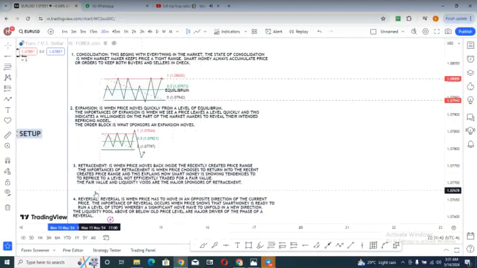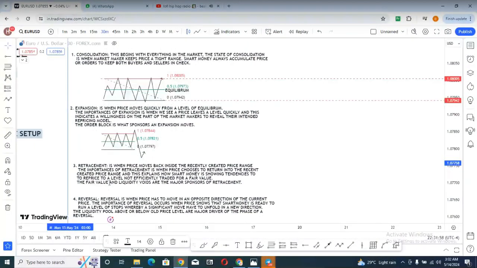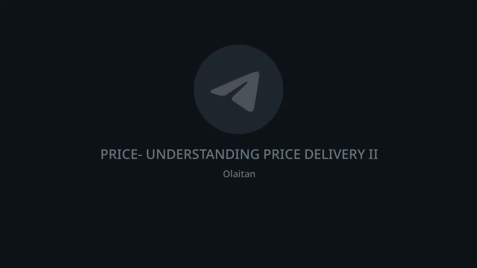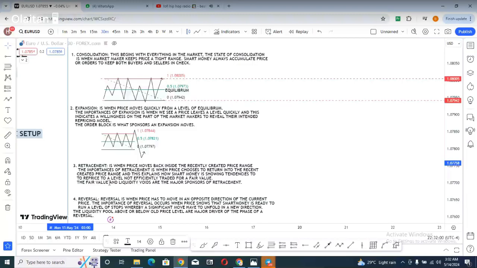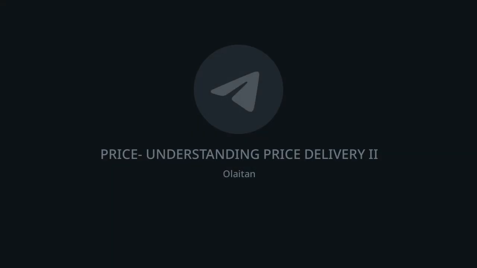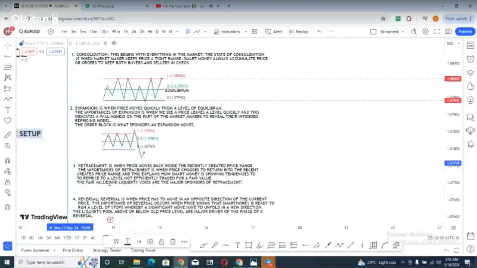A fair value gap and a liquidity void are the major sponsors of retracement. I need to correct this: a fair value gap and a liquidity void are the major sponsors of the retracement.